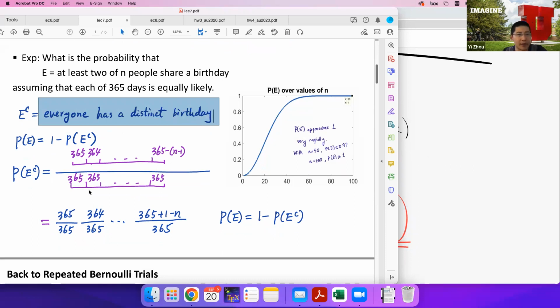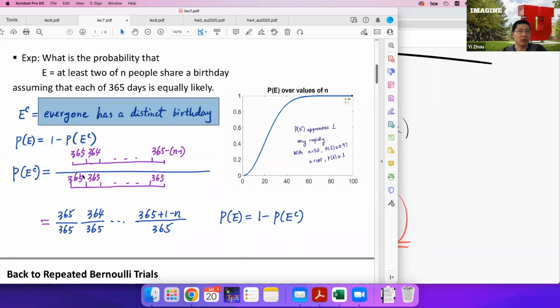And here's the thing. Because everyone is uniformly born throughout the year, equally likely over 365 days, every birthday is equally likely to occur.